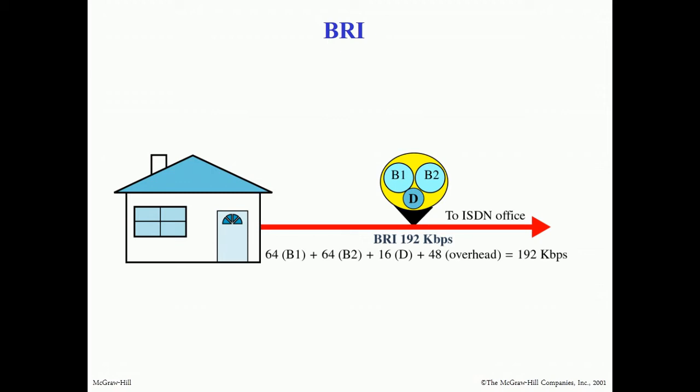So there are 2 B channels and 1 D channel in the basic rate interface, and it provides 2 single 64 kilobits per second channels per line. But when the 2 channels are bonded in a single connection, we get a speed of 128 kilobits per second, which is about 4 times the actual top speed of the fastest analog modems.